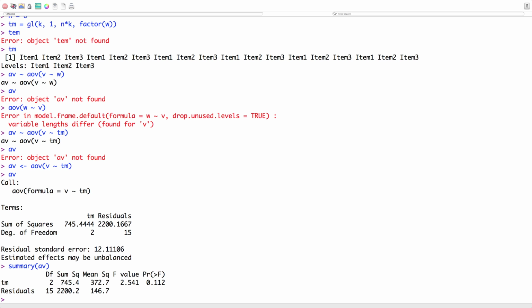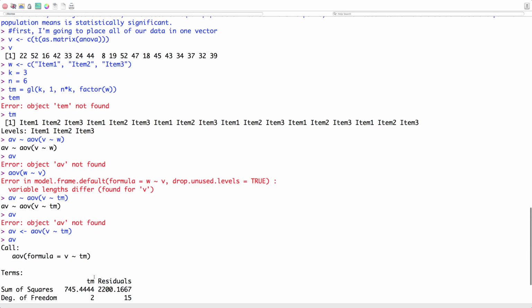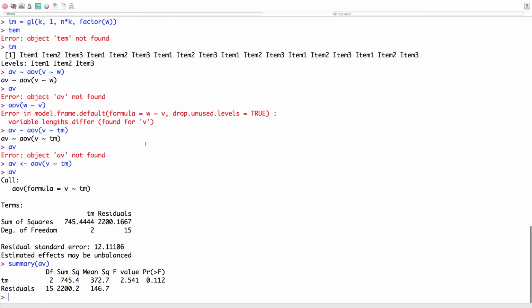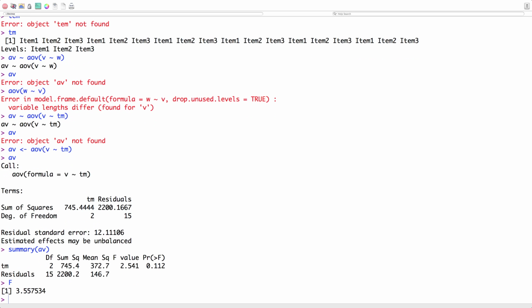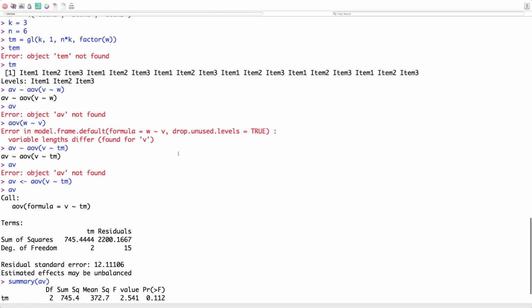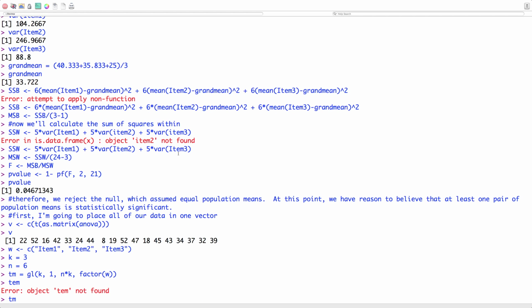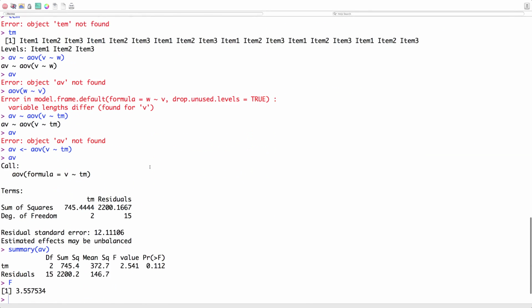Now, I don't remember those being the answers we got before. I guess we can go back up and look at that. Our F value is off, and we have a difference in the degrees of freedom for the residuals.